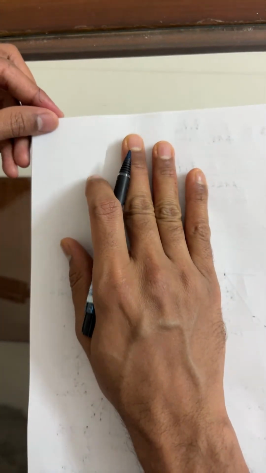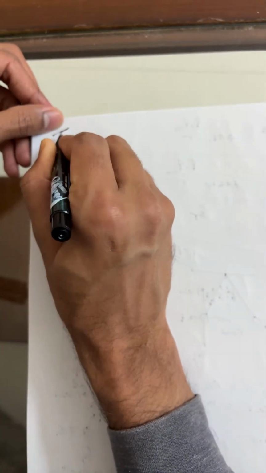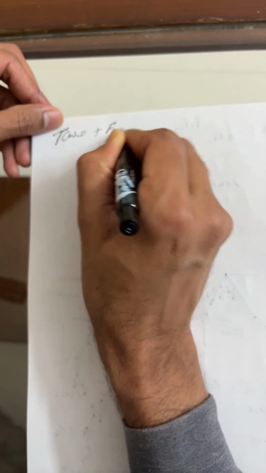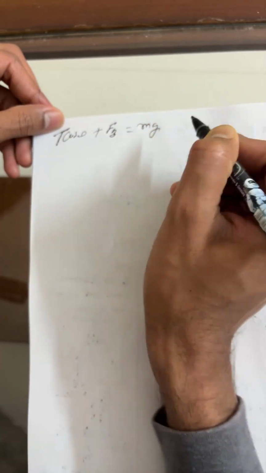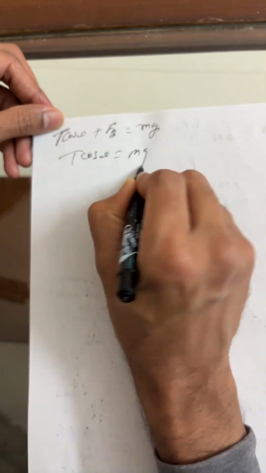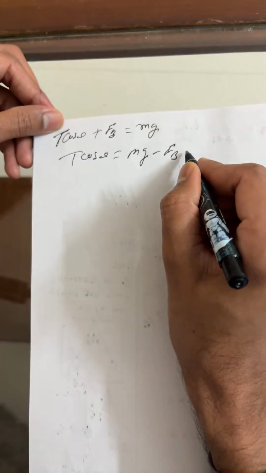I'm writing the equations for the buoyancy case. So this is T cos theta plus FB equals mg. We wish to find T cos theta here, so just separate: mg minus FB.